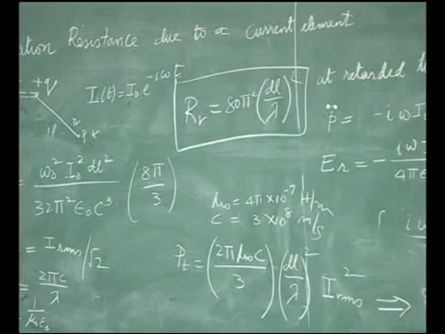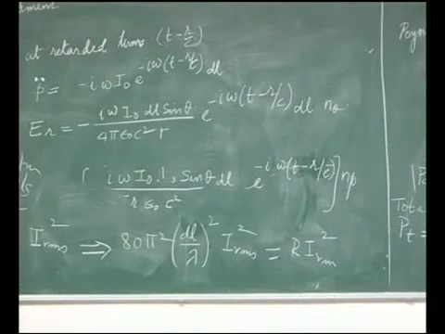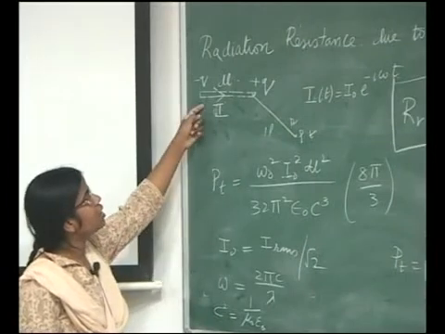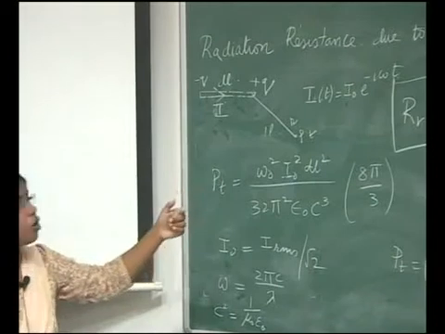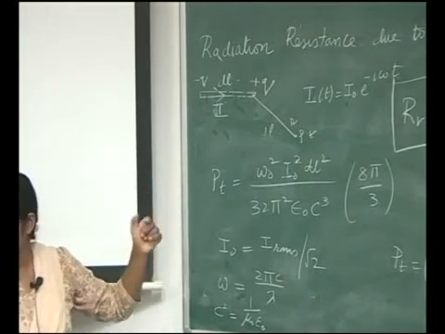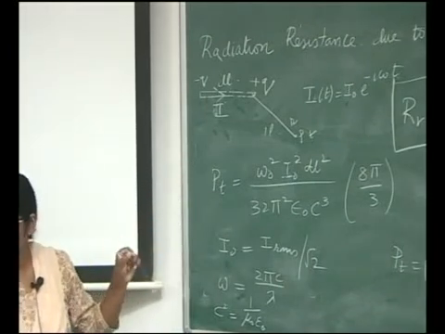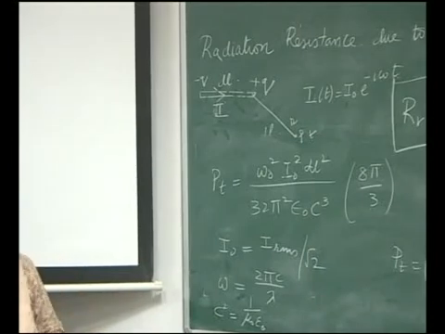Okay. So, if the time variation of I does not change, then I can say that the total power consumed in the form of heat by a current carrying wire is equal to the total power radiated by that current carrying wire.